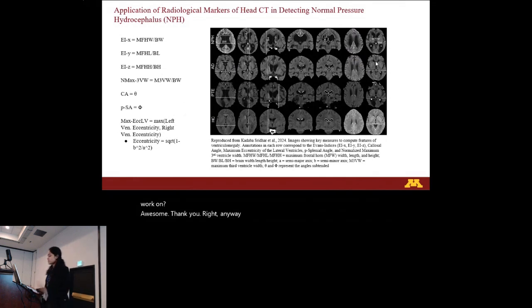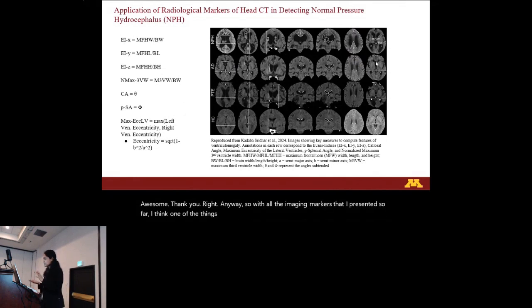Anyway, with all the imaging markers that I presented so far, one of the things that really worked for us is looking at interpretable features of ventriculomegaly in NPH. As you can see in this image, we were able to show that using CT, we can detect NPH and classify it from other conditions like Alzheimer's dementia, post-traumatic encephalomalacia, and just a headache control.